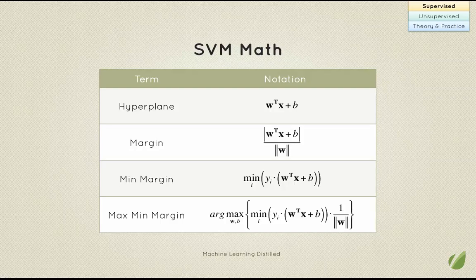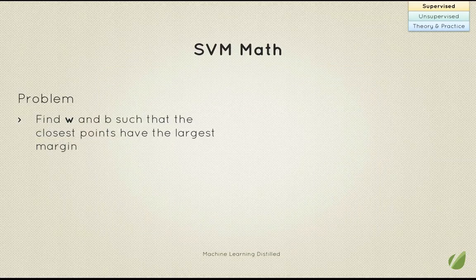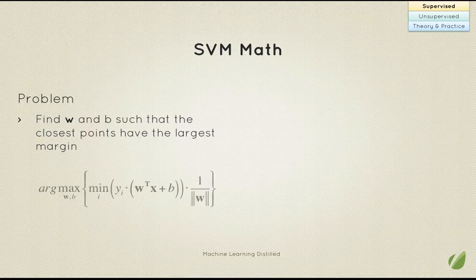So for those instances that are closest to the decision boundary, we'd like to choose a line or a plane or a hyperplane that pushes that boundary as far away from them as possible. The problem then is we want to find the weight vector and the constant b such that the closest points have the largest margin. And this is the way of stating that mathematically.